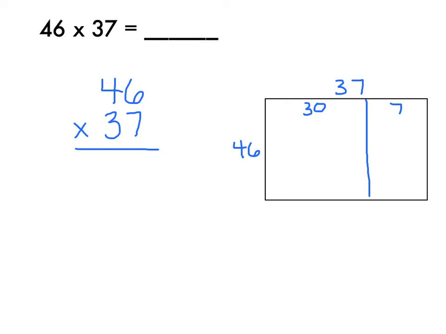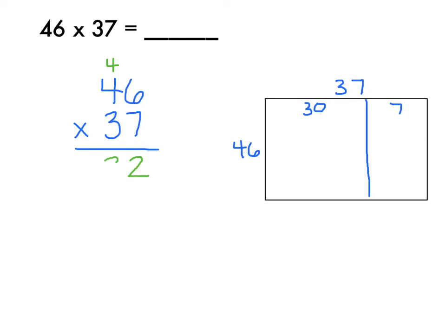And I'm going to start with 7 times 46, but I'm also going to break it down into different steps. So to start, I'm going to solve 7 times 6. 7 times 6 is 42. So I'm going to put down the 2, and the 4 I'm going to carry over to the tens place, because I still need to multiply the 40 and 46. So now I'm going to solve 7 times 40, but I'm just going to think of this as a 4. So 7 times 4 is 28, plus 4 is 32.